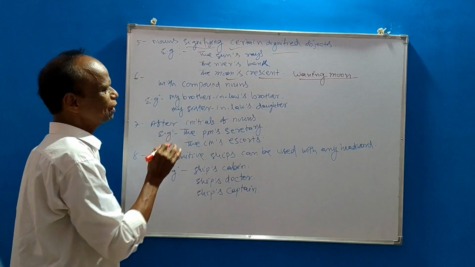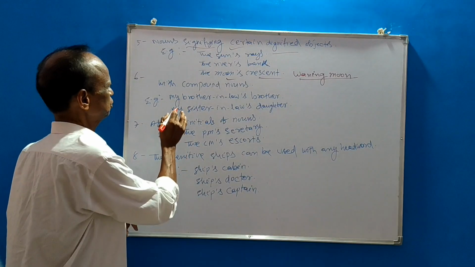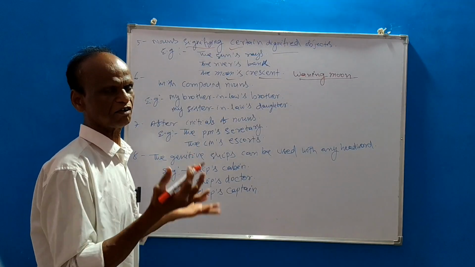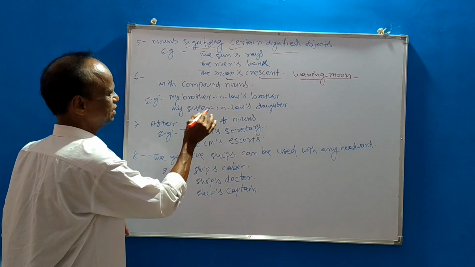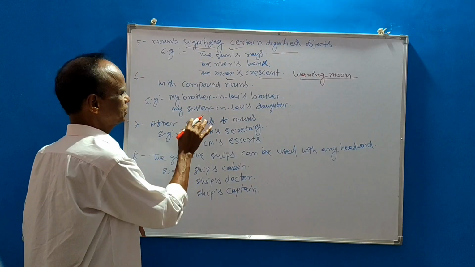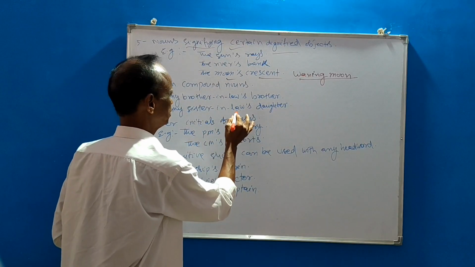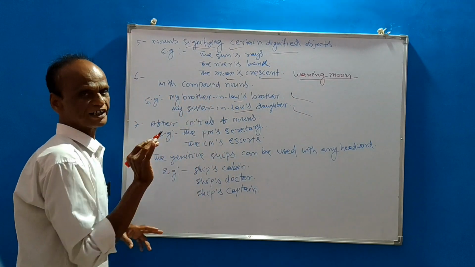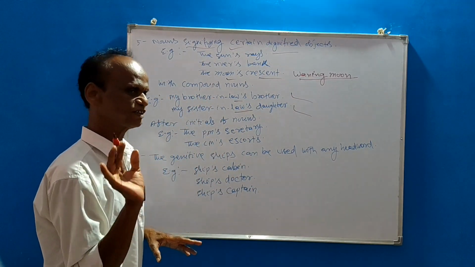Next, with compound nouns. Suppose my brother-in-law, my sister-in-law, my daughter-in-law, my father-in-law, my mother-in-law. At that time, my brother-in-law's brother, my sister-in-law's daughter. In compound nouns, it is correct. S genitive form of noun is used.